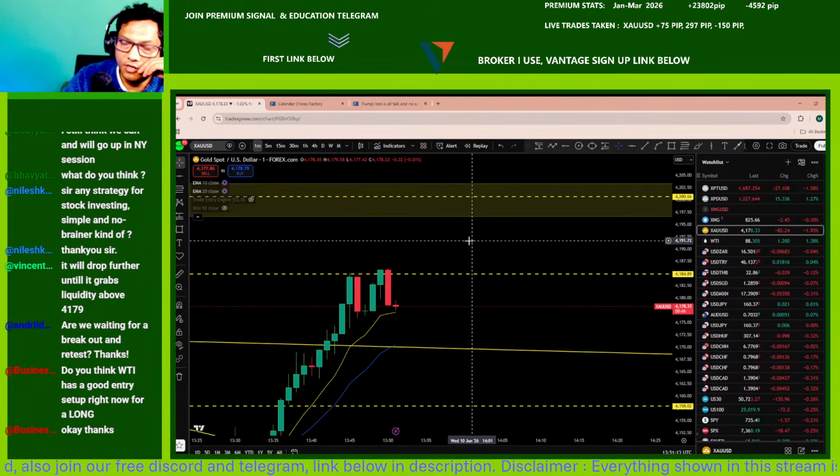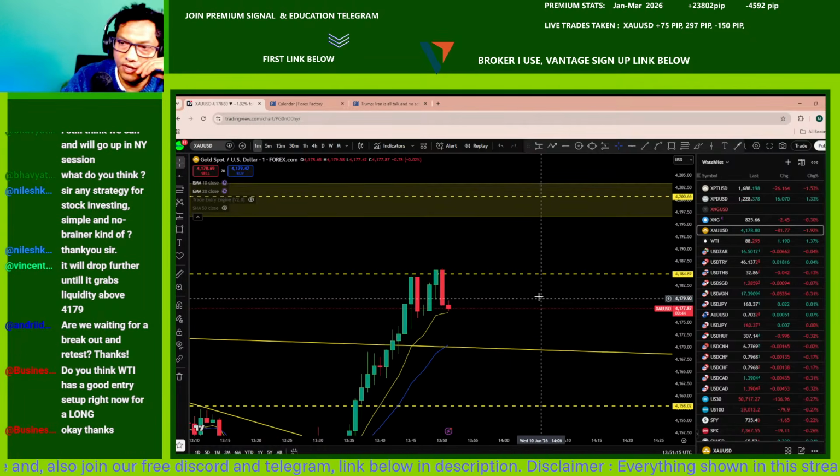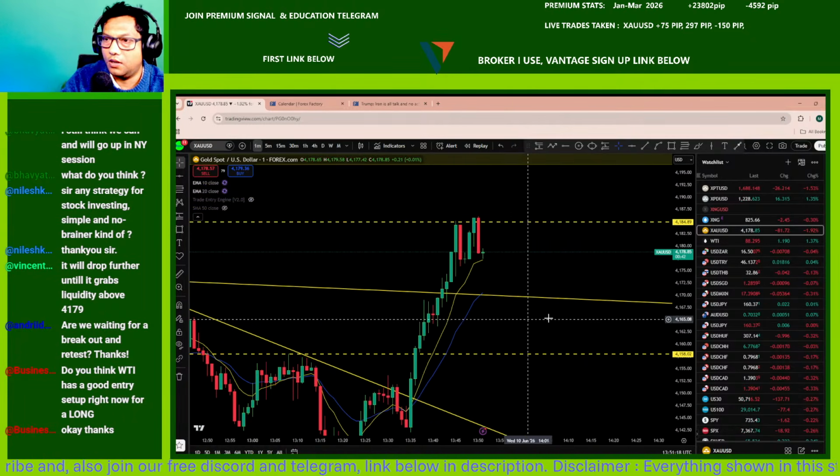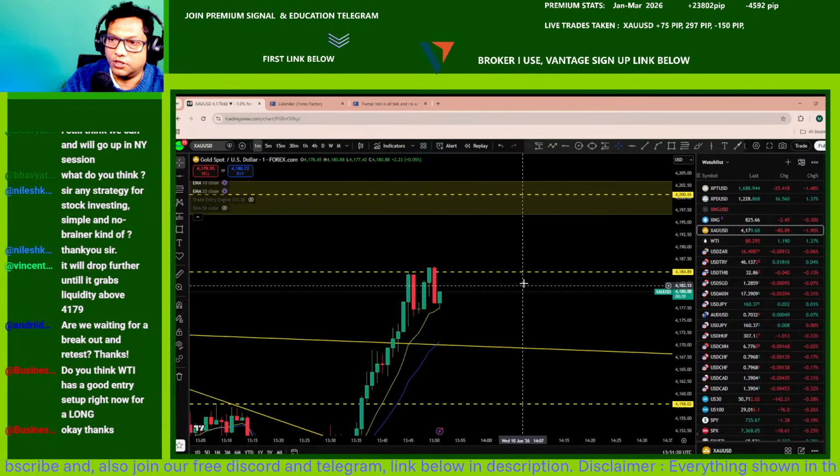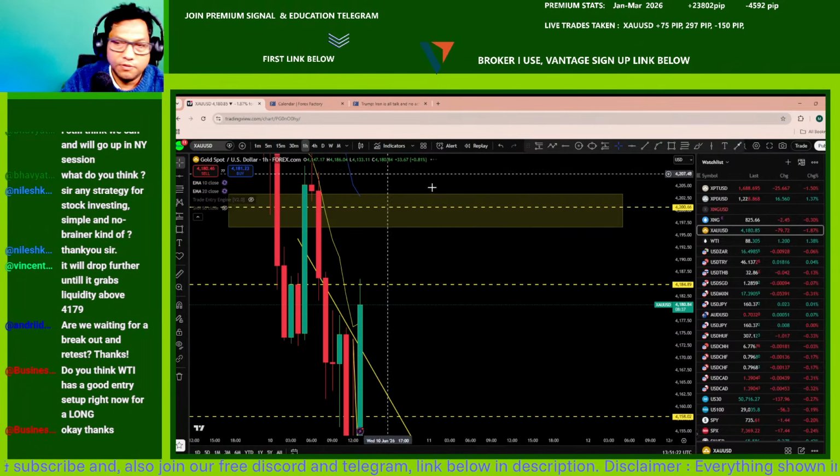So we have seen here in this area the market from this key level. This is a break of structure now.